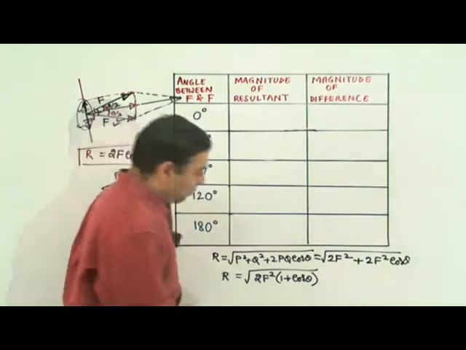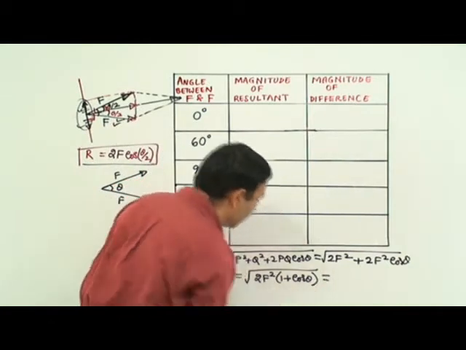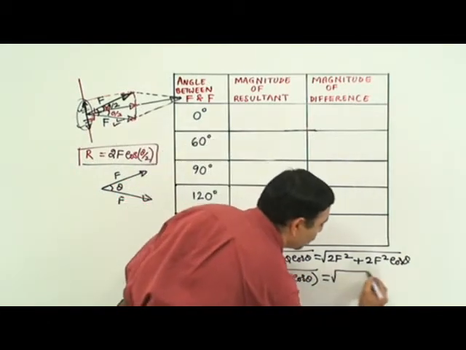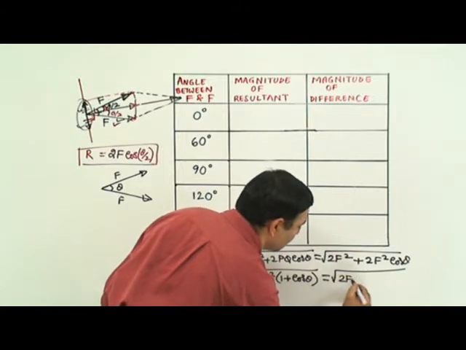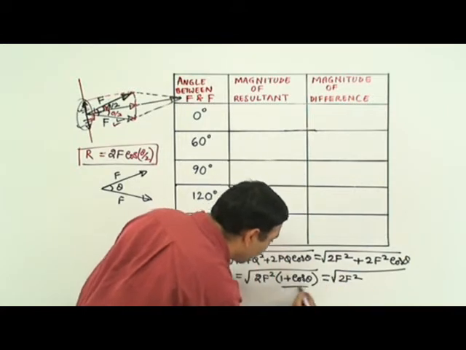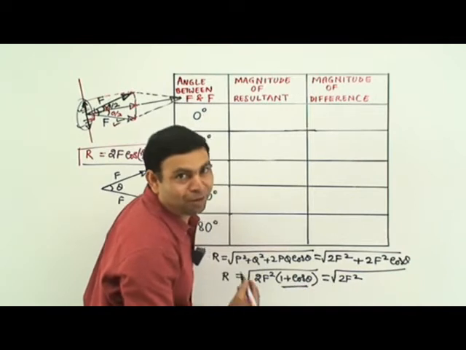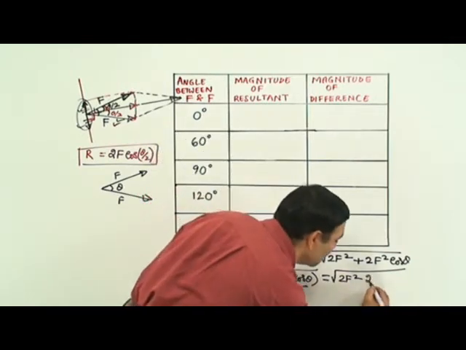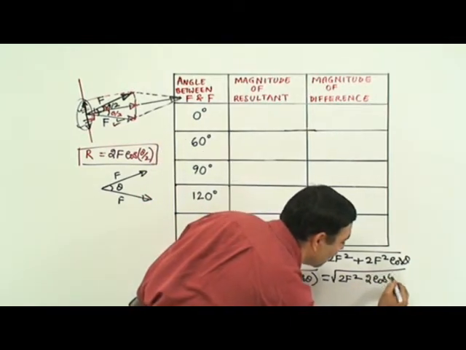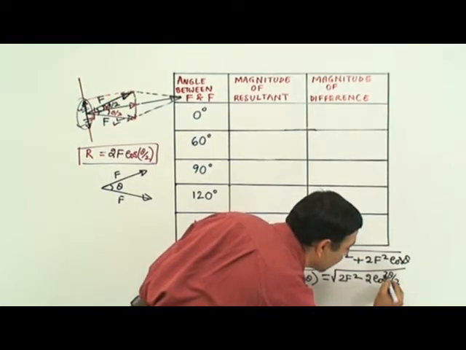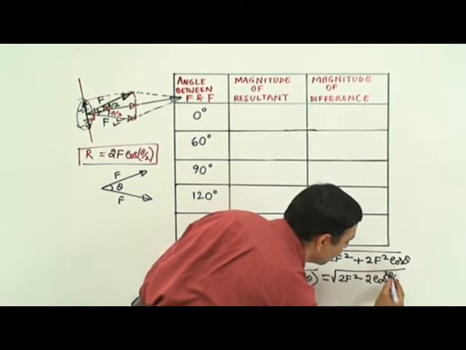Okay. And this can be written like this. For 2F squared I'll write 2F squared as it is. And 1 plus cos theta, you all know we have learned in basic maths, is 2 cos squared theta by 2. Fine.